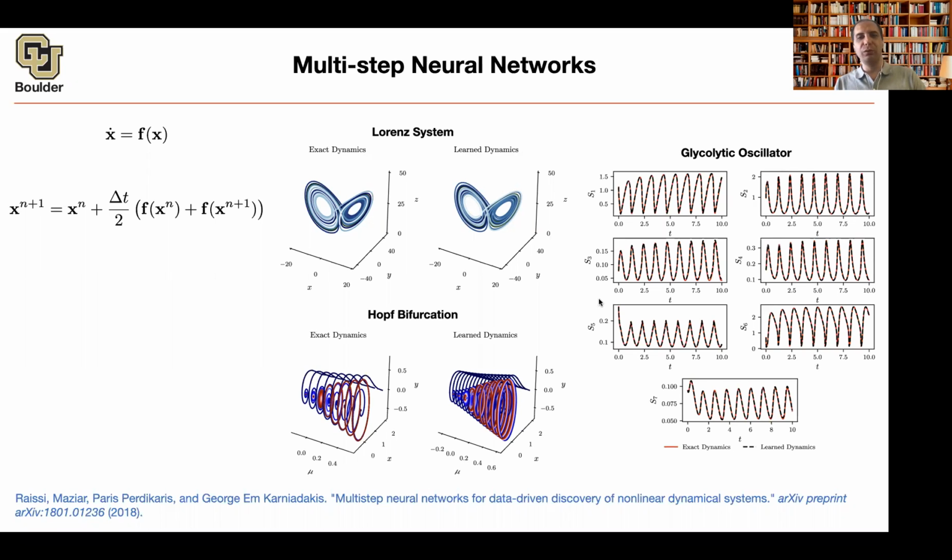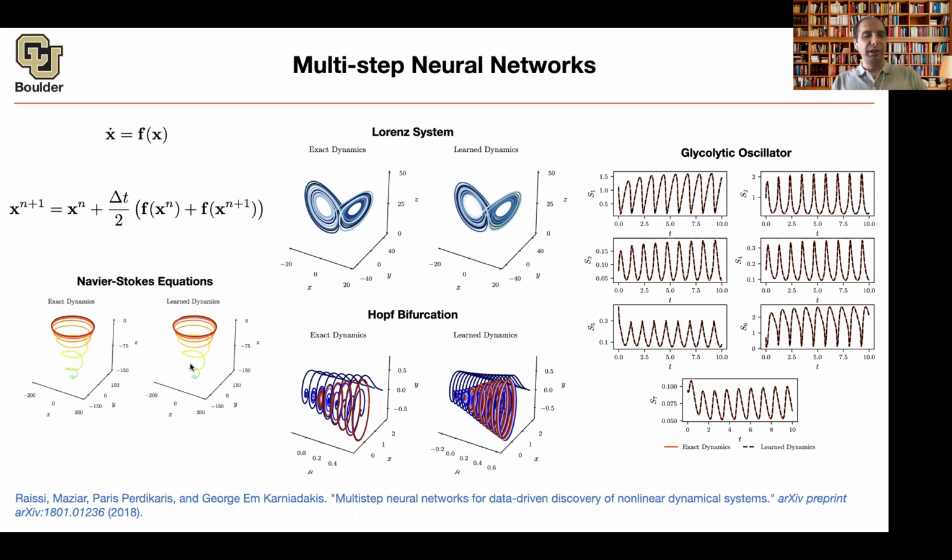Or you can do glycolytic oscillator, typical of biological systems. Or you can do SIR type models for our COVID era. Or you can do Navier-Stokes when you're using POD to project the dynamics into 3D.